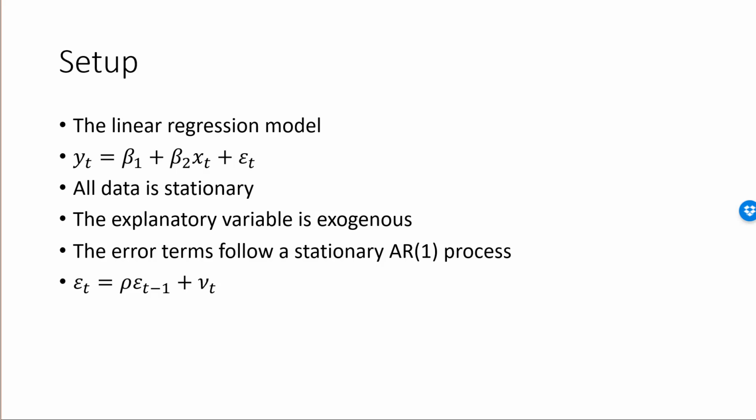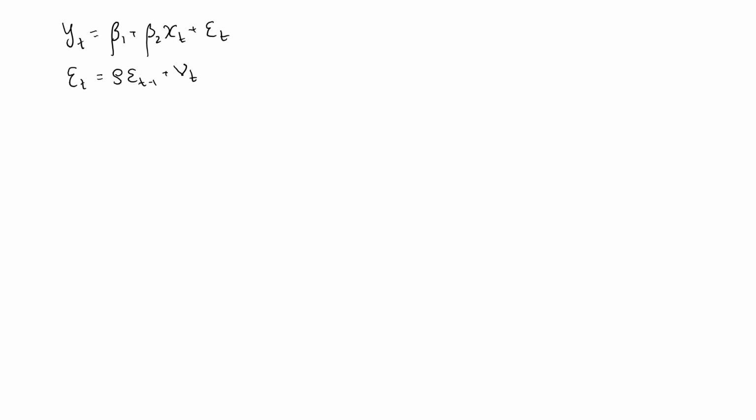The expected value of each error term is 0 due to the fact that we assume that this nu t error process is white noise, and the variance of the error term will be constant as well as it's stationary. So in this case, the error terms are autocorrelated at least when rho is different from 0, but they are actually homoscedastic. So here are my two equations that describe my data generating process for y and for the error terms epsilon.